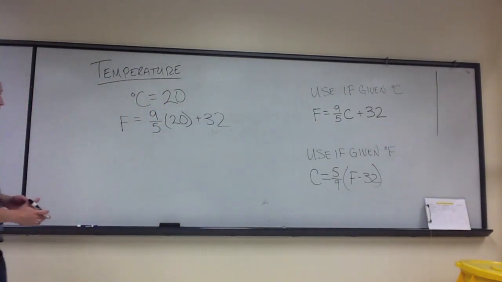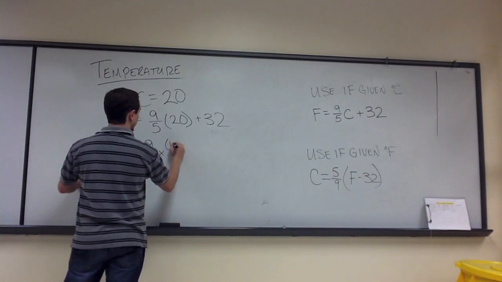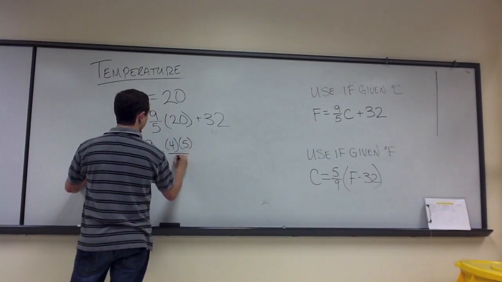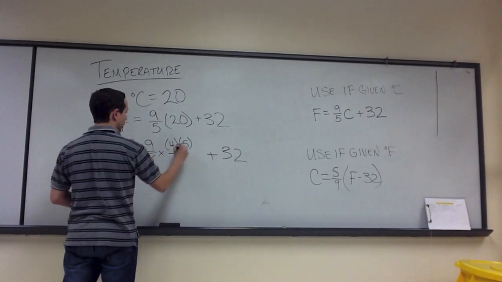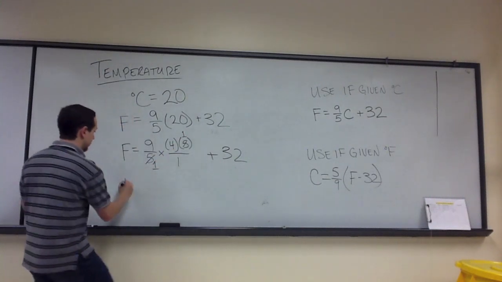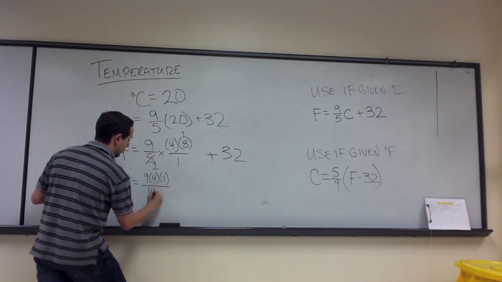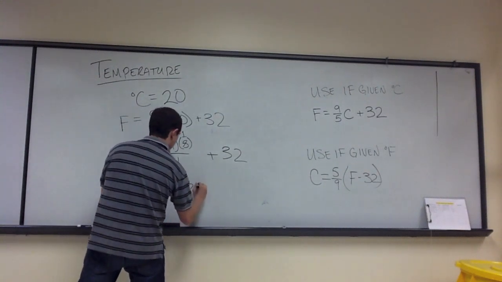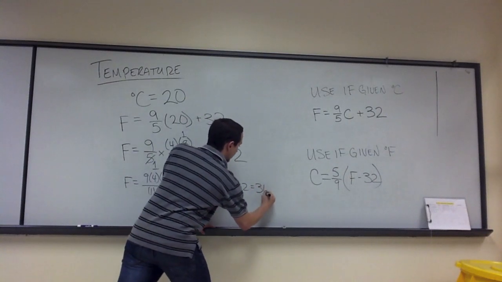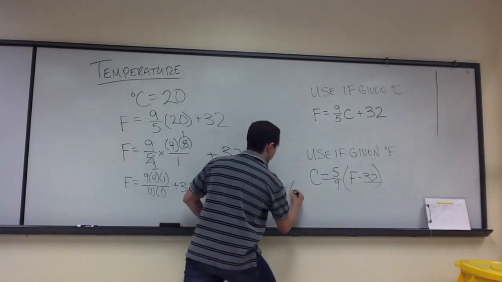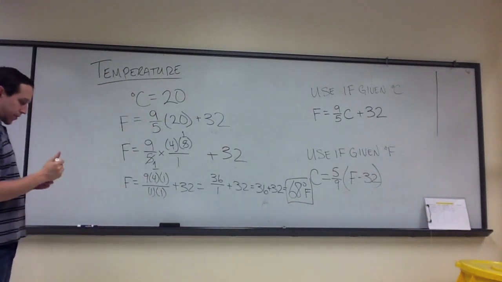So I'm solving for Fahrenheit. 20 can be rewritten. 9 over 5 times 4 times 5 over 1 plus 32. 5 over 5 is 1, which then gives me Fahrenheit equals 9 times 4 times 1 over 1 times 1 plus 32, which gives me 36 over 1 plus 32, which gives me 36 plus 32, which gives me 68 degrees Fahrenheit. So that's all there is to it.